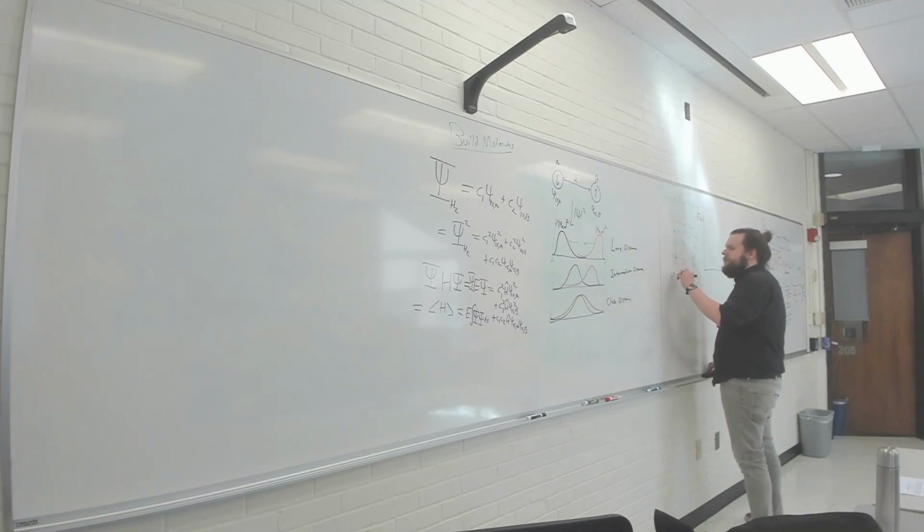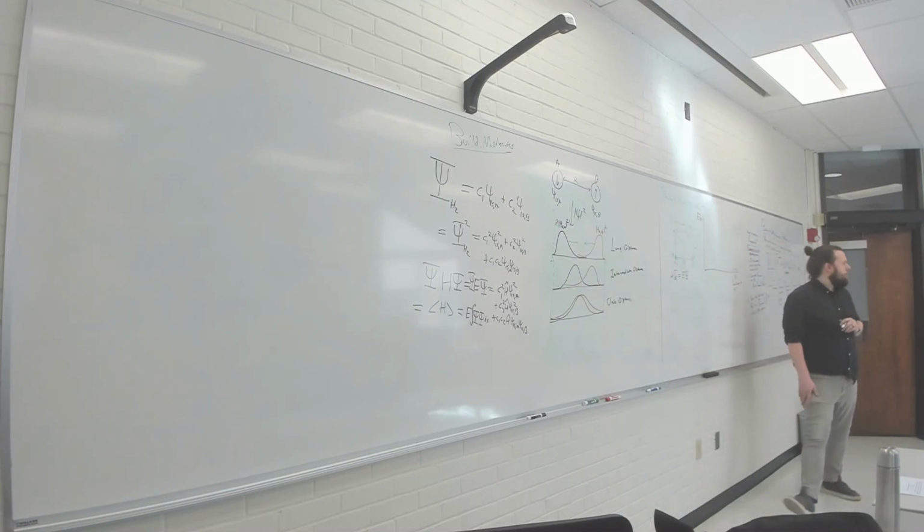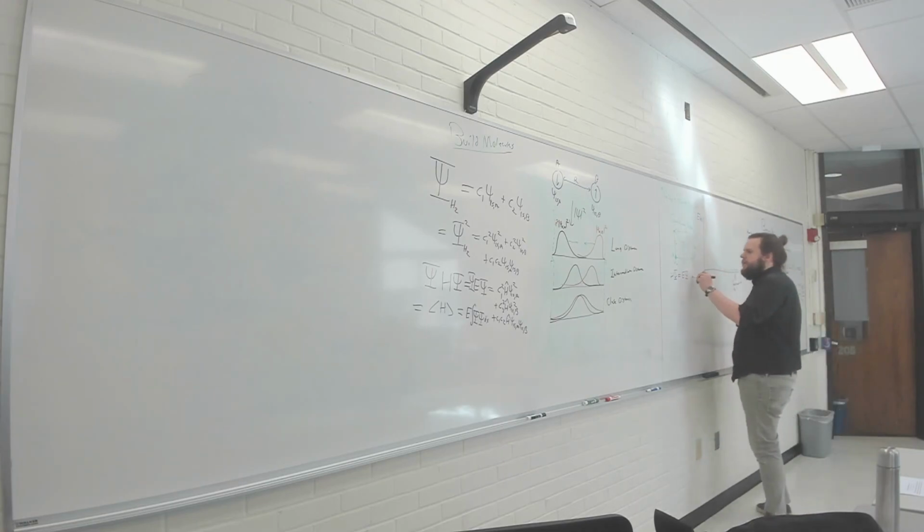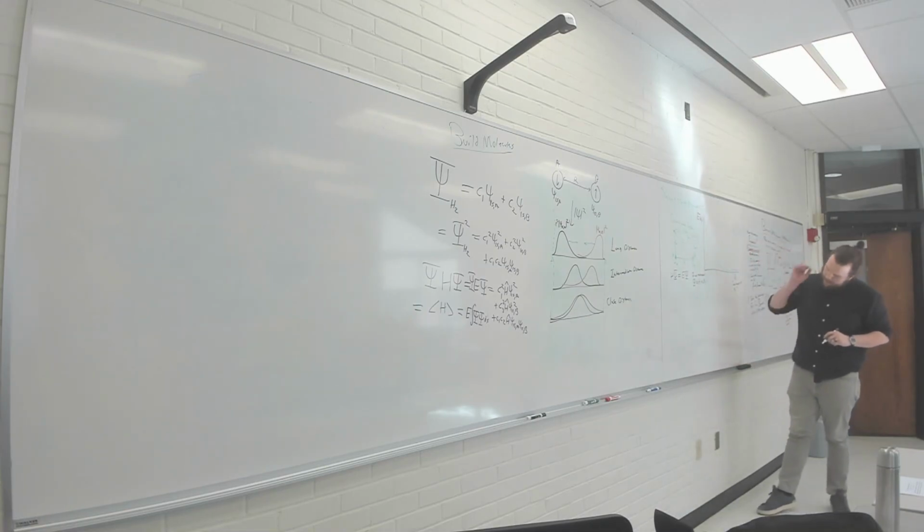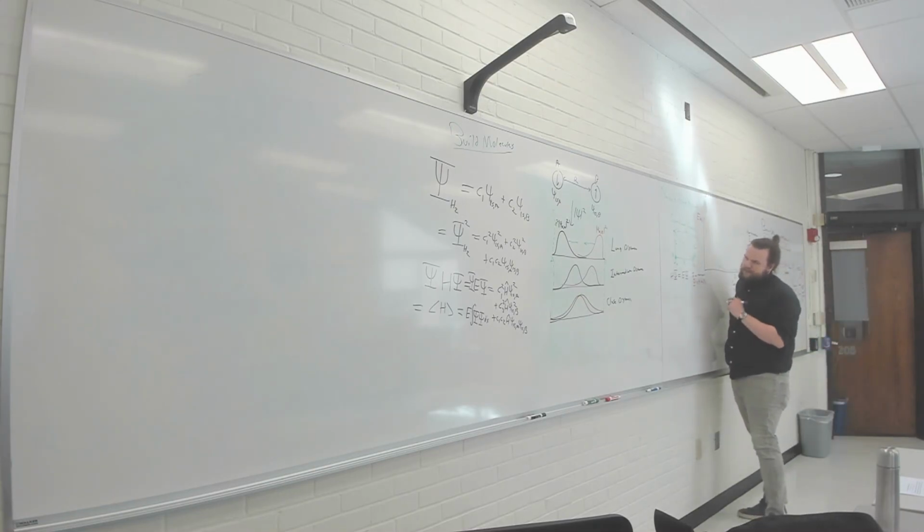So there's our Schrodinger equation. If we represent big psi as a sum of two little psi's, then what we can do is multiply both sides by psi.